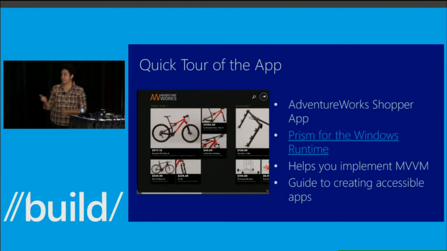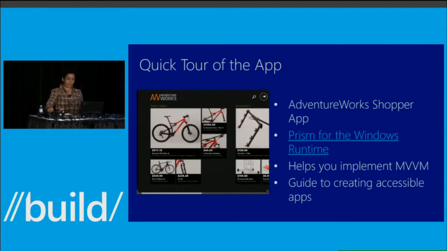And in addition to that, it's also a guide to creating accessible apps. With this, your app can actually be used by differently abled people successfully. And as we go through the session, you will see why this is important when it comes to automated testing as well.